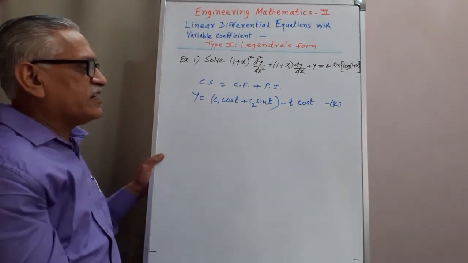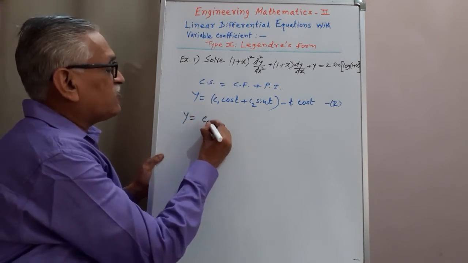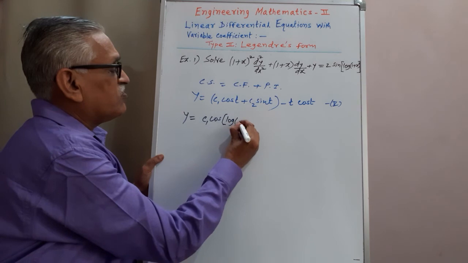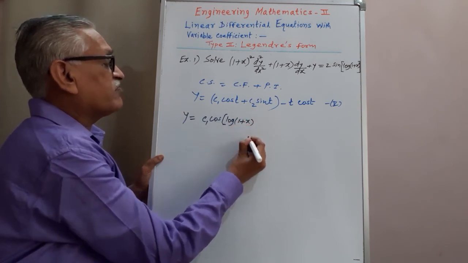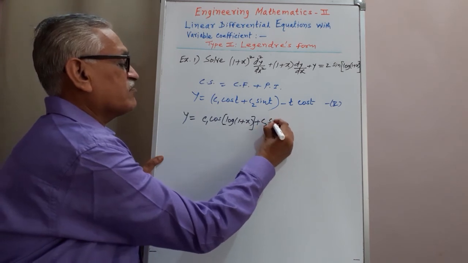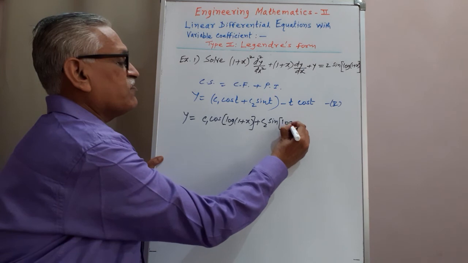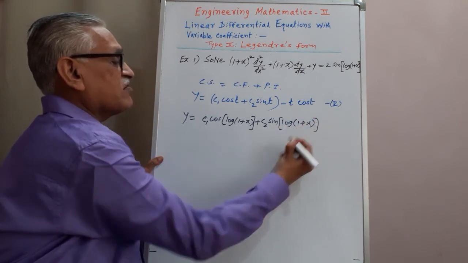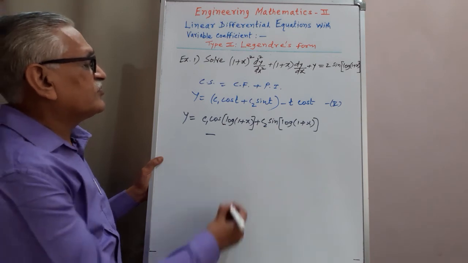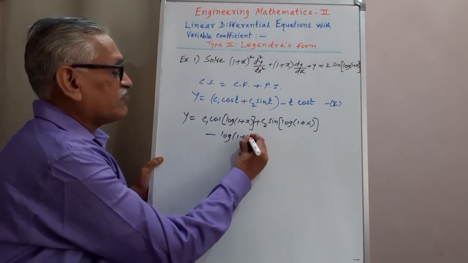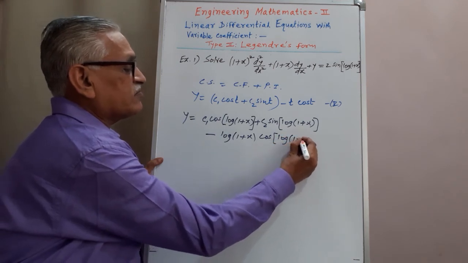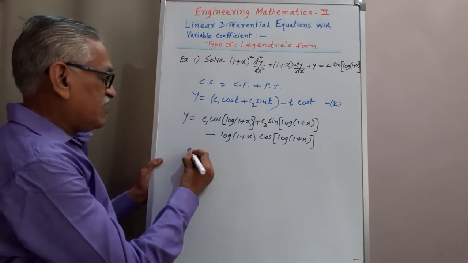Therefore, converting t back in terms of x, we get the final solution as C1 cos of log of 1 plus x, plus C2 sin of log of 1 plus x, minus t, where the value of t is log of 1 plus x, into cos of log of 1 plus x, as the required solution.